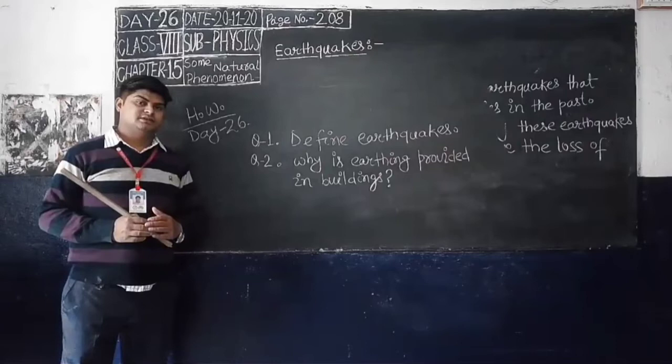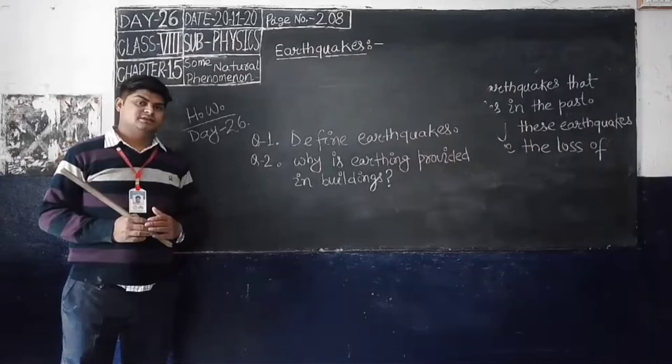Explore and make a report on 5 major earthquakes that have struck India or its neighboring countries in the past. Ask your elders. In 2002, India lost many people due to a major earthquake in Gujarat, in the area of Bhuj.